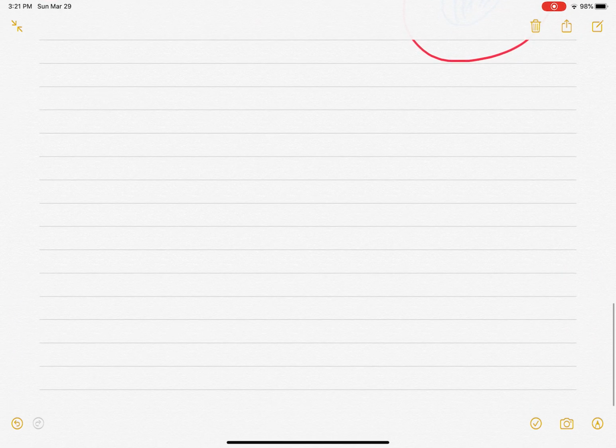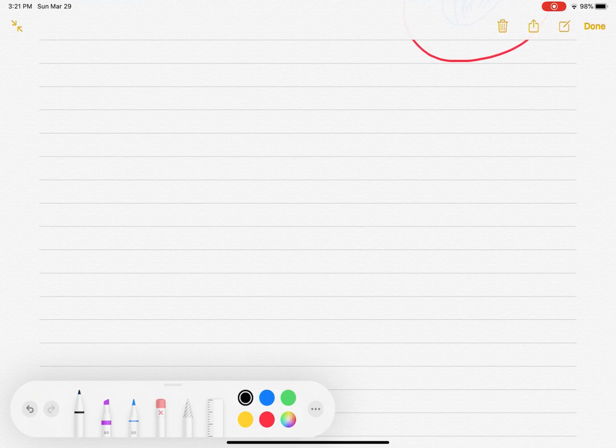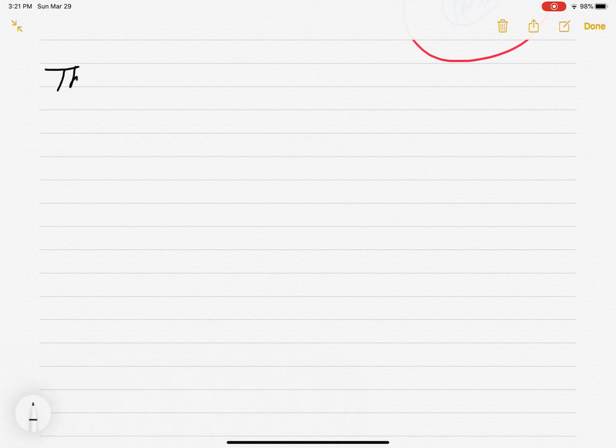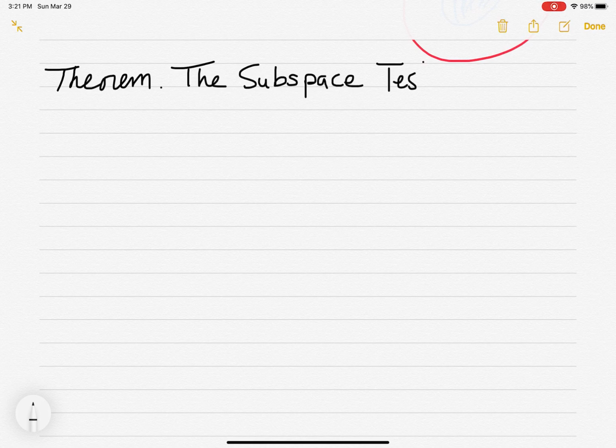Now, here's a really important theorem. We're not going to prove this one. This one is going to be called the subspace test. So how do you test if a set of vectors is a subspace of a larger vector space? And that's the question.